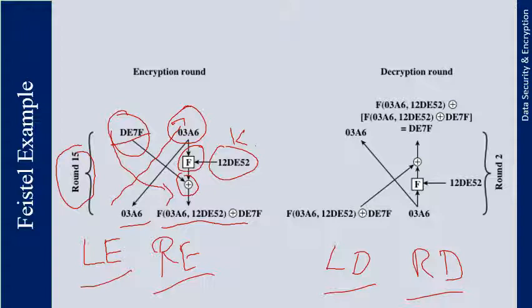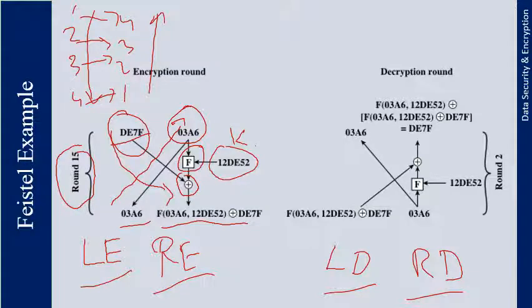For example, if we represented round 15 here, that will be round 2 of the decryption starting from 16. In simple terms, encryption goes in this way, decryption goes this way. So the steps are matched.